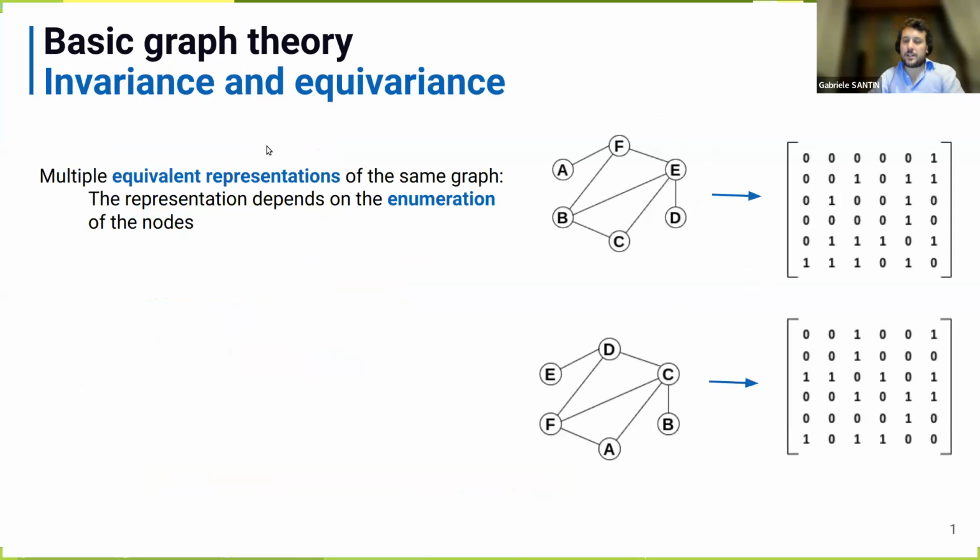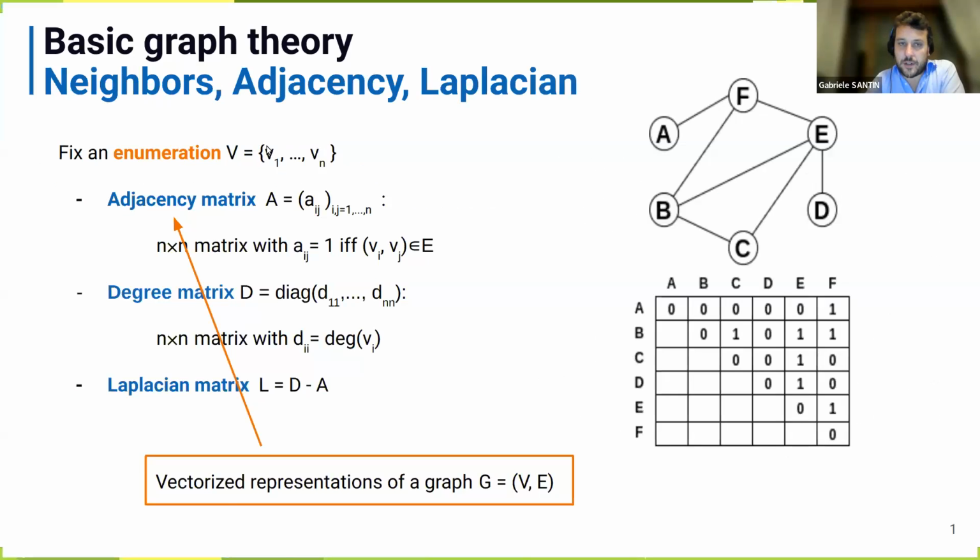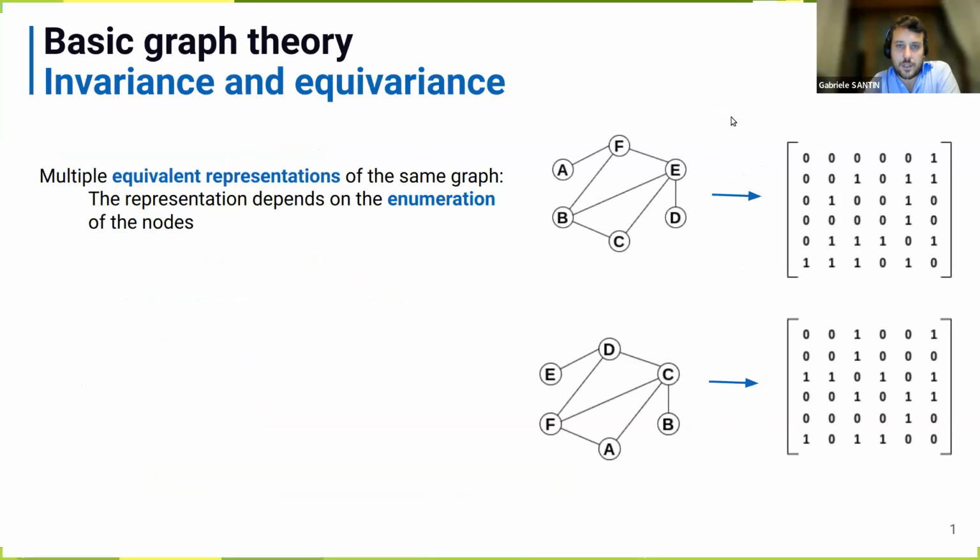What does it mean? That actually, if we use this vectorized version of a graph to define our model, everything is dependent on an arbitrary choice of the label that we are giving to the nodes. So this in detail means that given a graph, a graph given by nodes and edges, we have multiple equivalent representations of the same graph.